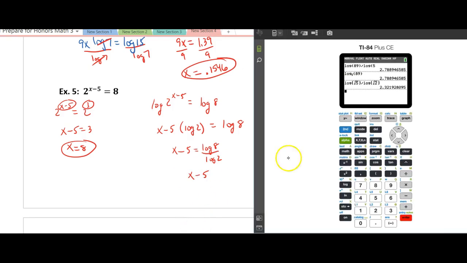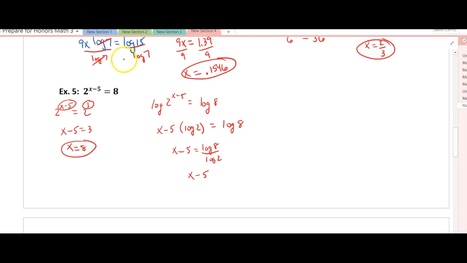And if I go do the log of 8 divided by the log of 2, forgot to close the parentheses, log of 8 divided by log of 2. What do we get? We get 3. So x minus 5 equals 3. When you add 5 to both sides, x is equal to 8.